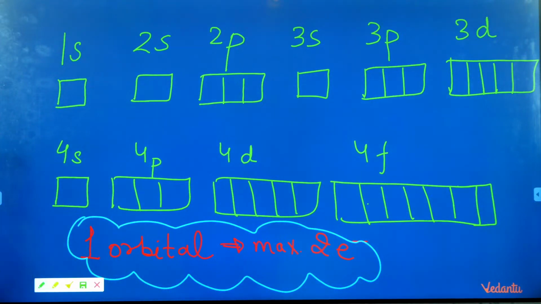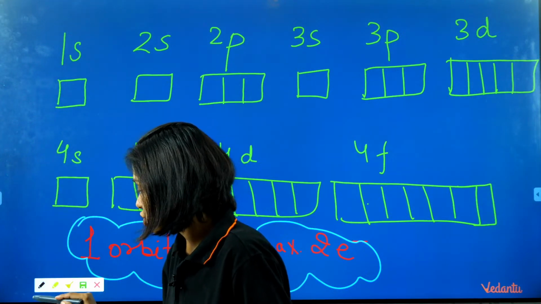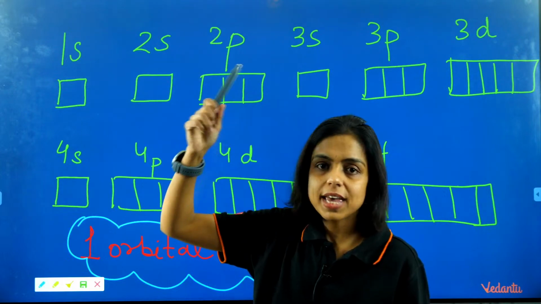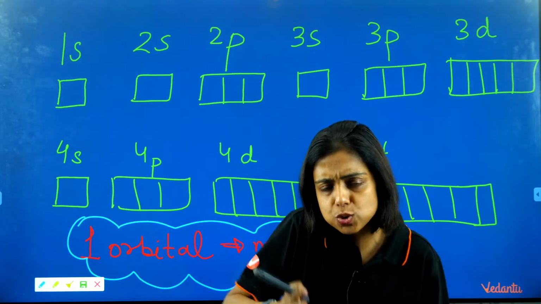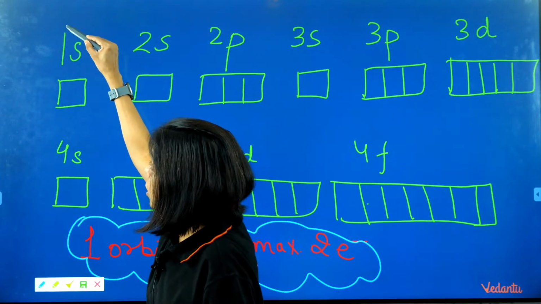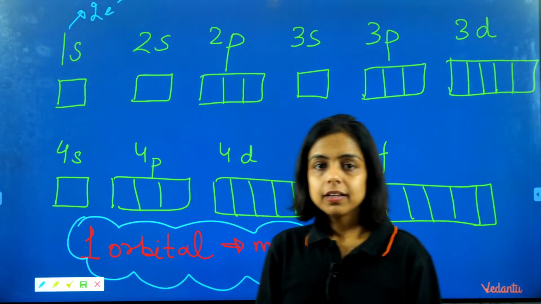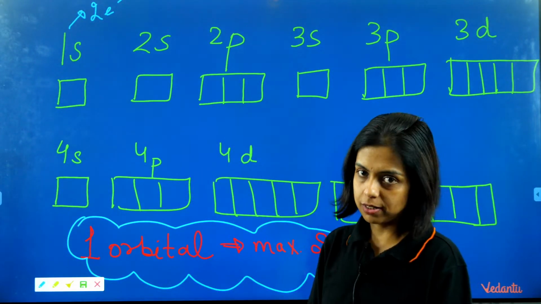Now let's check one by one. First shell. Your first shell has just one dabba, because it just has one subshell. In that S subshell, it has just one orbital. That means in the first shell, you can fill maximum 2 electrons. Now let's come to the second shell.